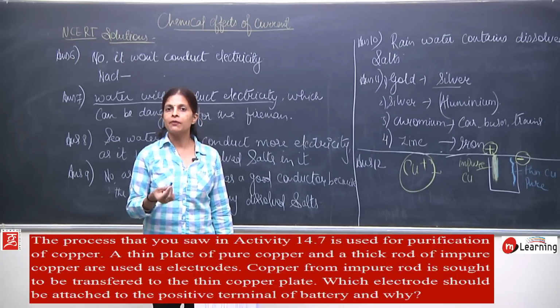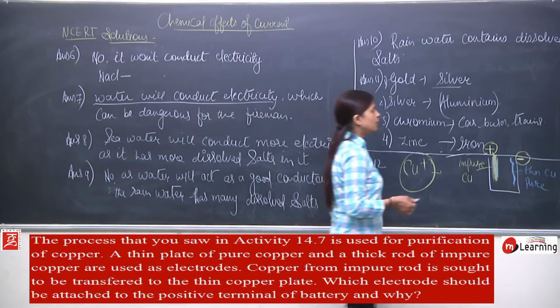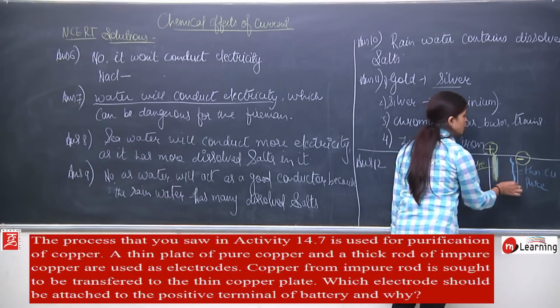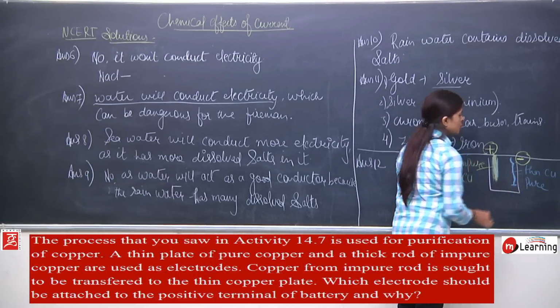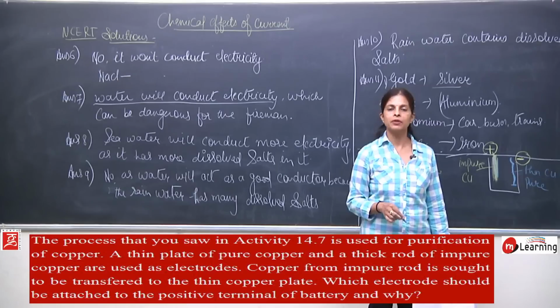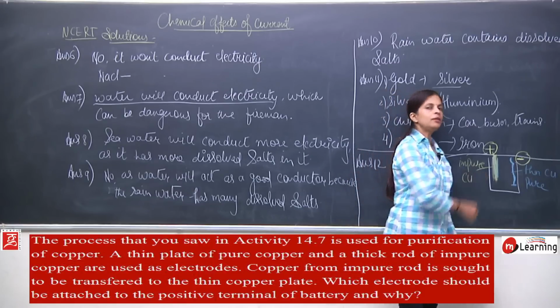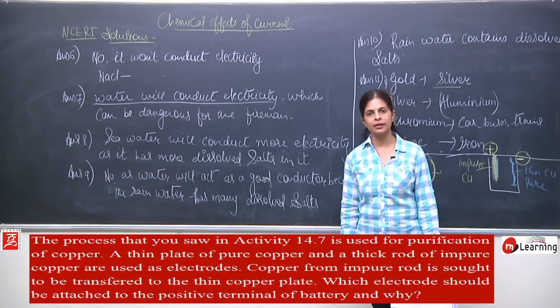The plate where we want the copper to get deposited should be negative. So this pure thin plate has to be connected with the negative terminal of the battery, and the impure rod with the positive terminal.